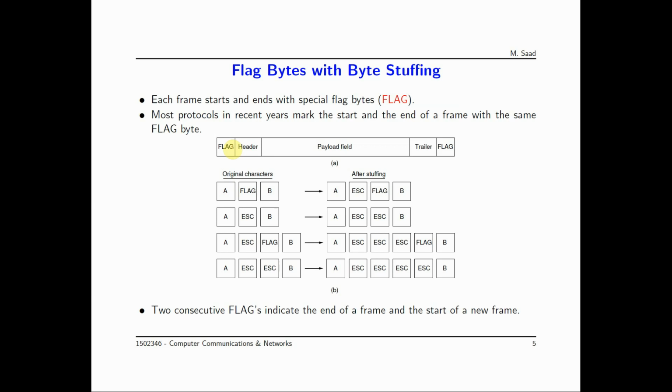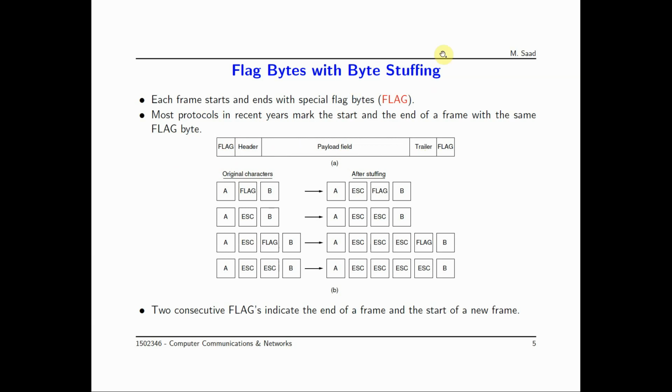So I will say flag, we have to respect our country's flag, flag. Now, when you see this flag, which is actually part of the data, you may think this is the end of the frame instead of being an actual part of the data. So the problem is if that pattern flag appears inside the frame. So what do we do with that?